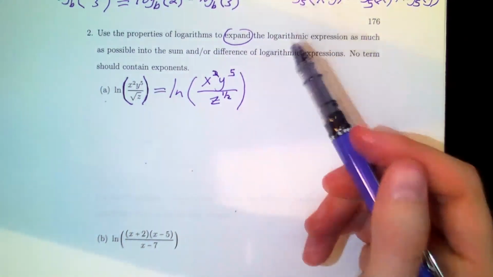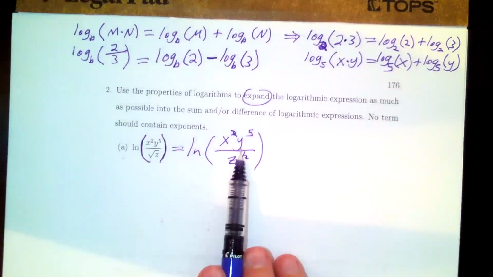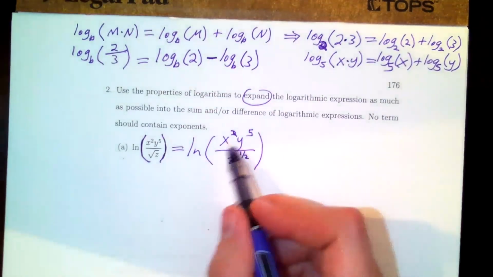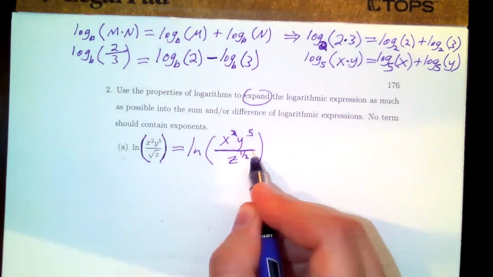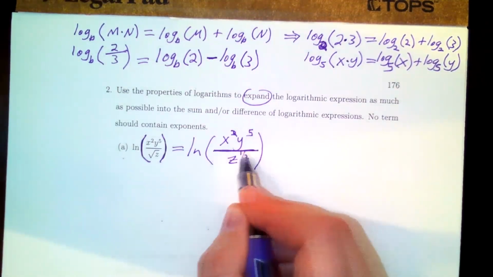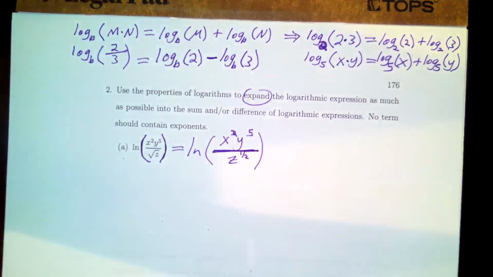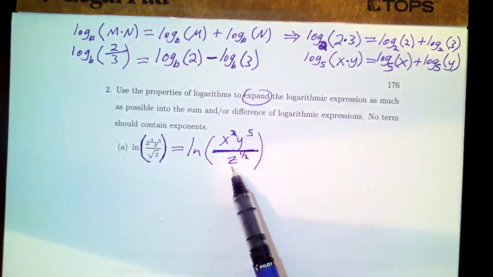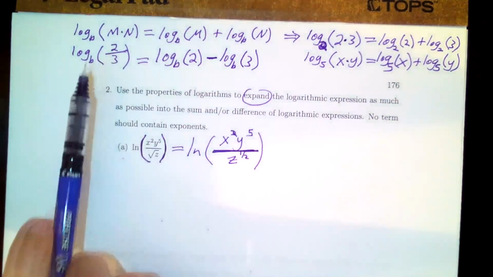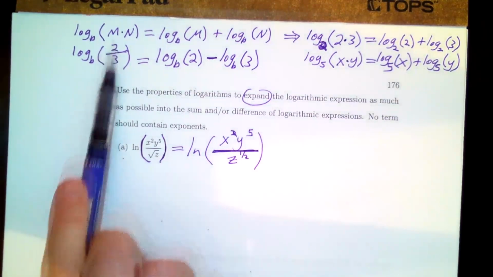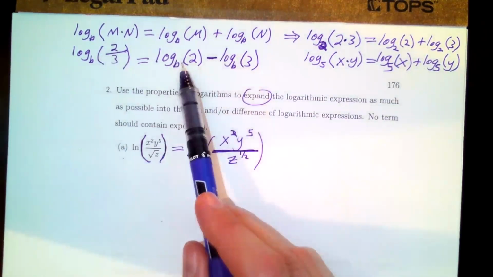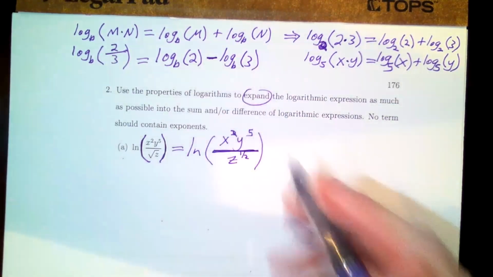Now, when I look at this, I notice that this is ln of a fraction. I have some x's and y's and z here, and there's stuff multiplied in the top, but the overall form is a top divided by a bottom. So I'm going to use this division property to split my log up into two logs that are subtracted.